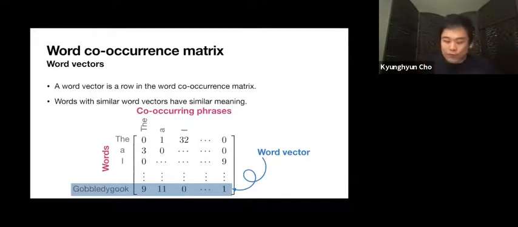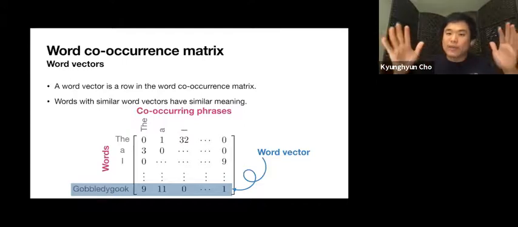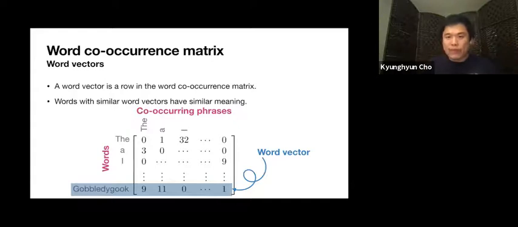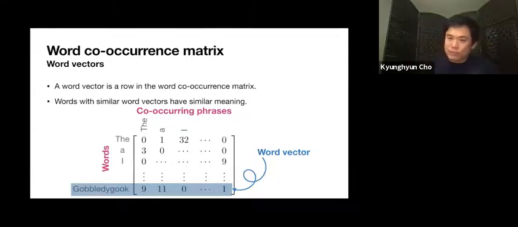And as Firth in 1957 elegantly put it out, we know the meanings of those words by looking at their company, that is, the phrases and words that co-occur together with them. If they are similar, then the meanings of these 2 words must be similar as well.